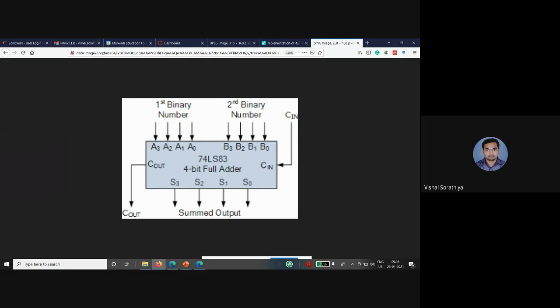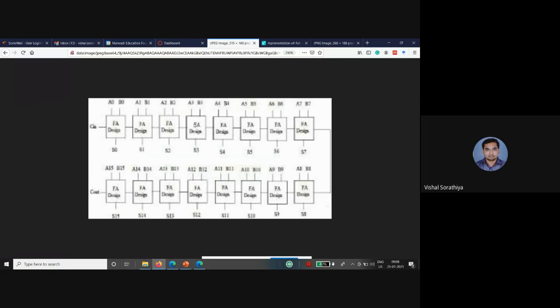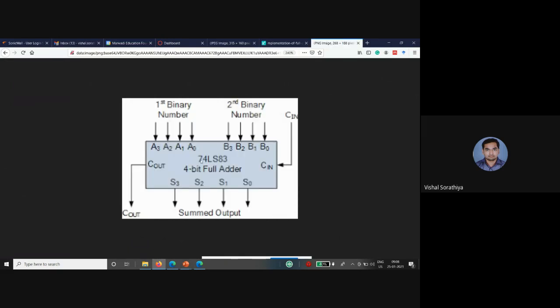Under this, a complete 4-bit full adder circuit is there, and such 4 ICs you have placed in parallel, and in each one you have given 4 bits. So 4 bits in the first, then the second, third and fourth. Overall it's a 16-bit adder, and you have cascaded these blocks one by one. Likewise, you have cascaded 4 different ICs, each of which is a 4-bit full adder.